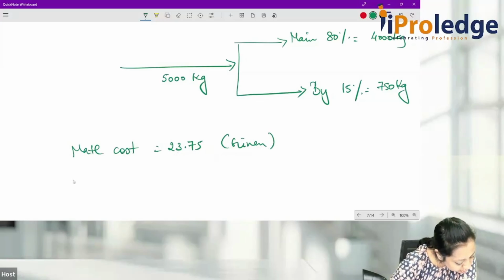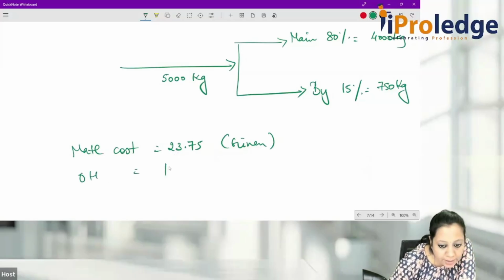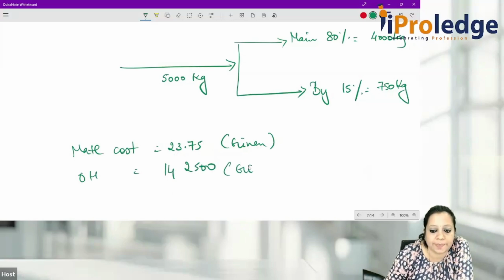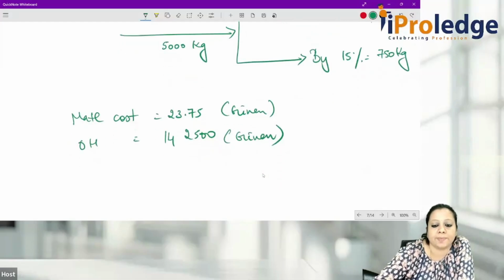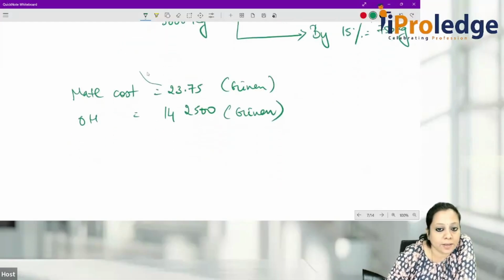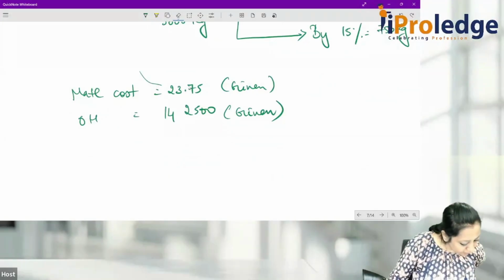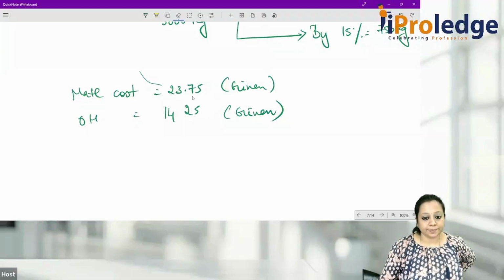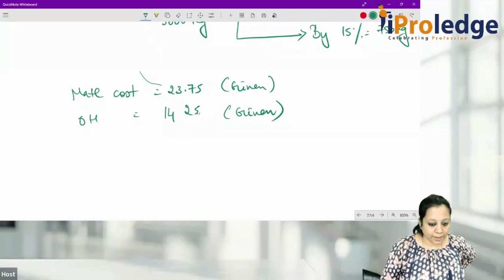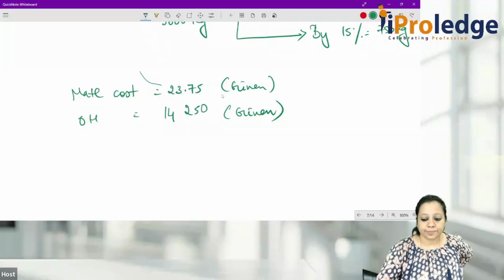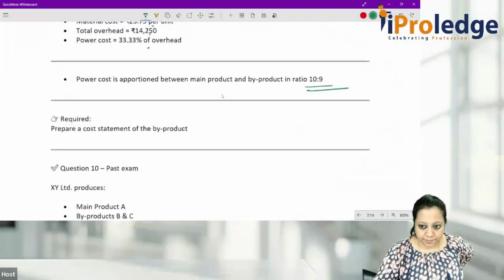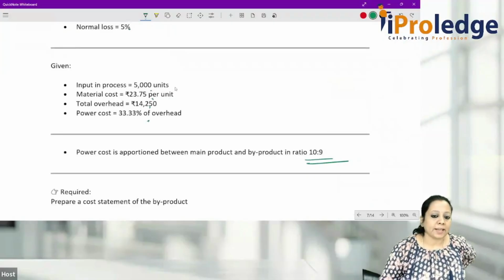And then overheads is given to be 14,250.